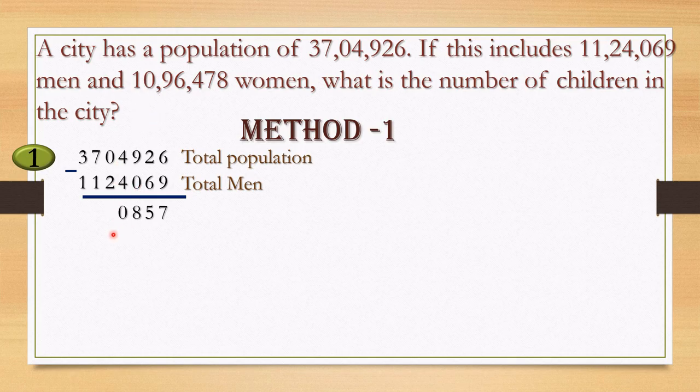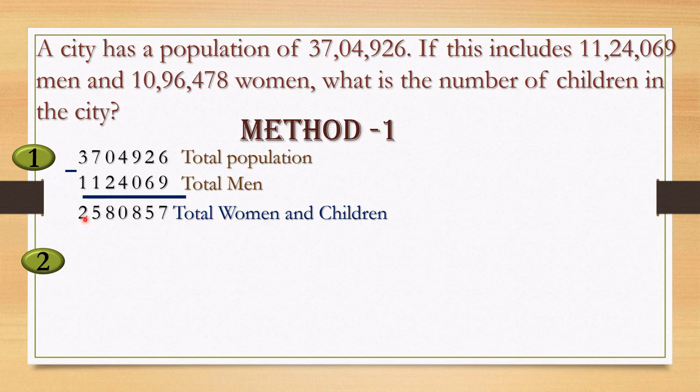Now 4 minus 4, that is 0. And here 0 minus 2, not possible, so it borrows from 7. So 10 minus 2, that is 8. 6 minus 1, that is 5. Right? 3 minus 1, that is 2. What is this? Yes, this is the total number of women and children together. Right? Because we have subtracted the number of men from the total population. Got this? This is step 1.